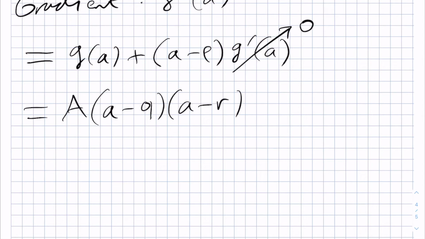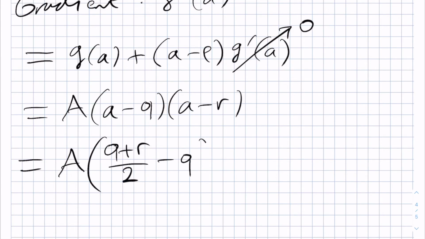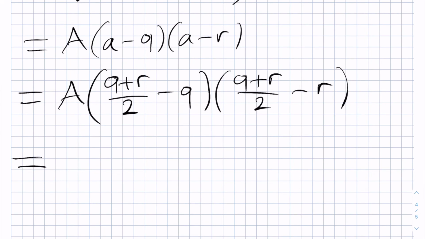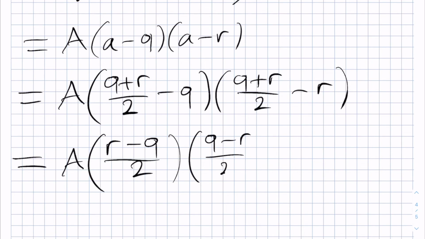If we apply that, we get capital A, and then we have (q plus r) over 2 for a, which you can put here and here. Then (q plus r) over 2 minus q, we can look at r over 2 minus q over 2 and put those together, and we will have A times (r minus q) over 2, and similarly for this one here by symmetry with q and r, we get (q minus r) over 2.